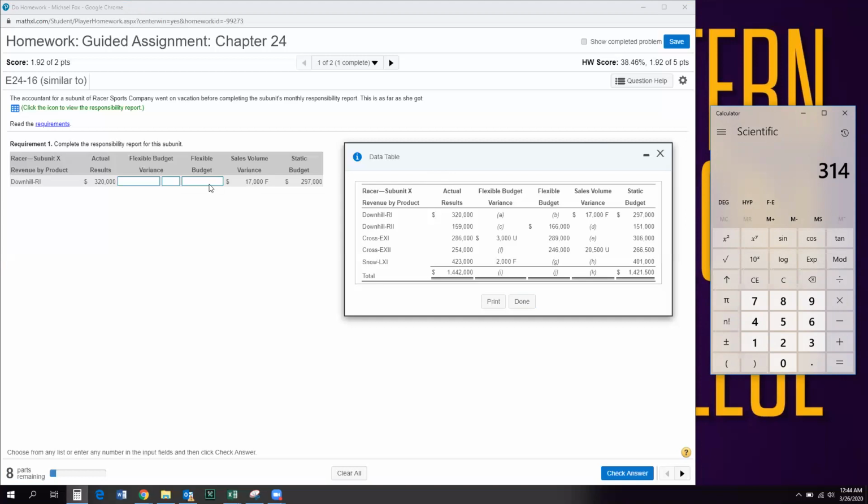That gives us a flexible budget of 314,000. And then to figure out our flexible budget variance, we would just take our actual results, 320,000 minus 314,000, to give us a variance of 6,000. And that's favorable, because the actual results are higher.